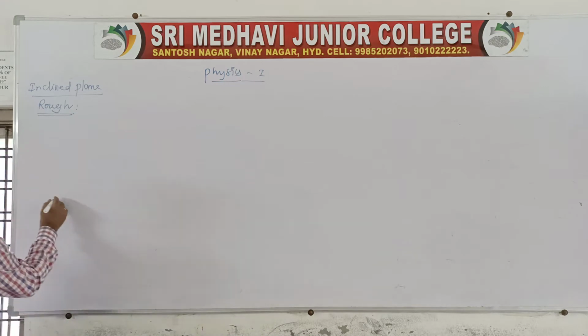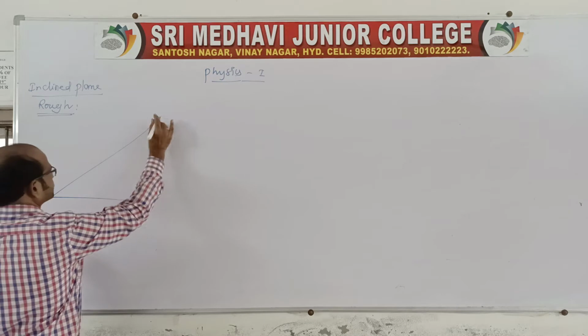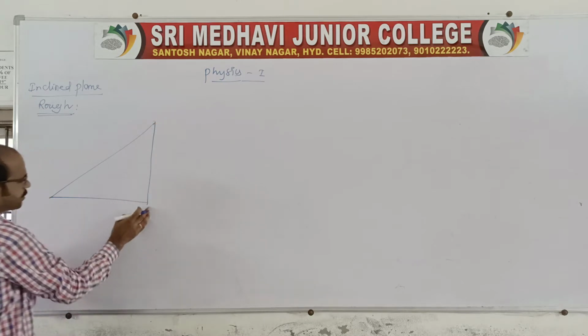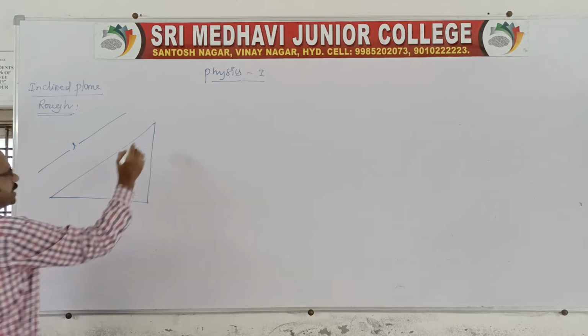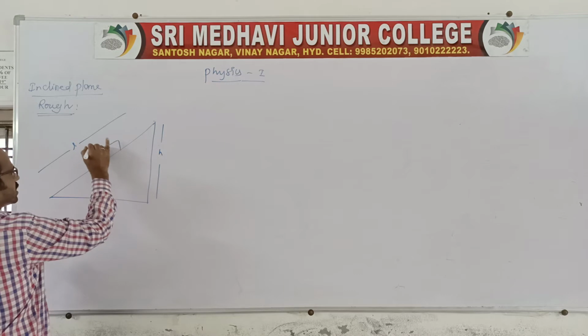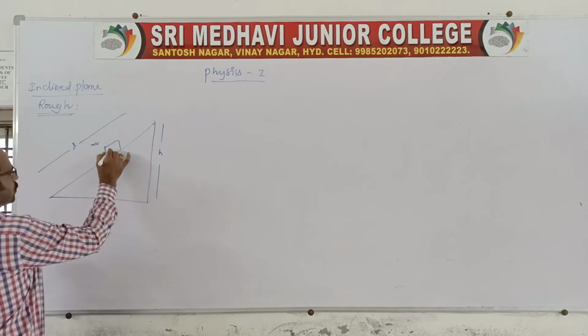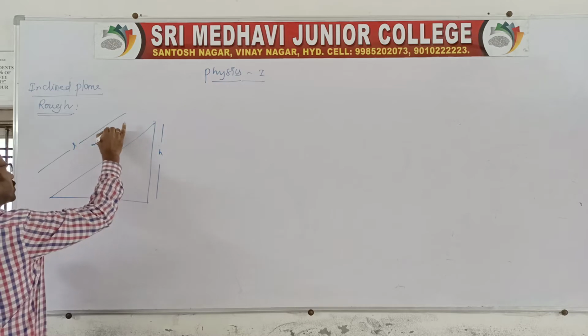See, I'll give you the diagram related to that rough inclined plane. You take it like this, clear? So this is one incline. The length of the plane we can say is L, and the height of the plane you take as h. There is a block of mass m placed on the inclined plane. So mg is acting down, and there will be a normal force acting up.